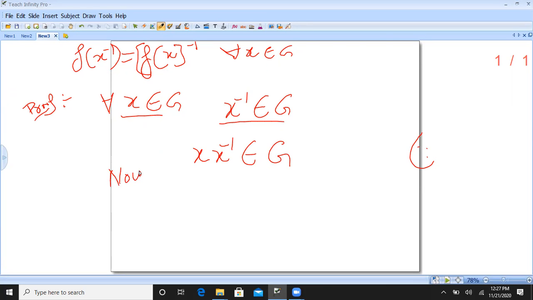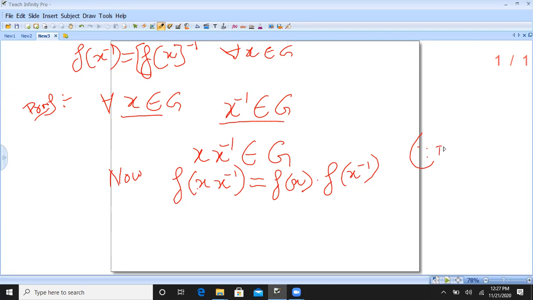So now, after mapping, f of x into x inverse is equal to f of x into f of x inverse. Therefore, by the definition of homomorphism, this is equation number 3.